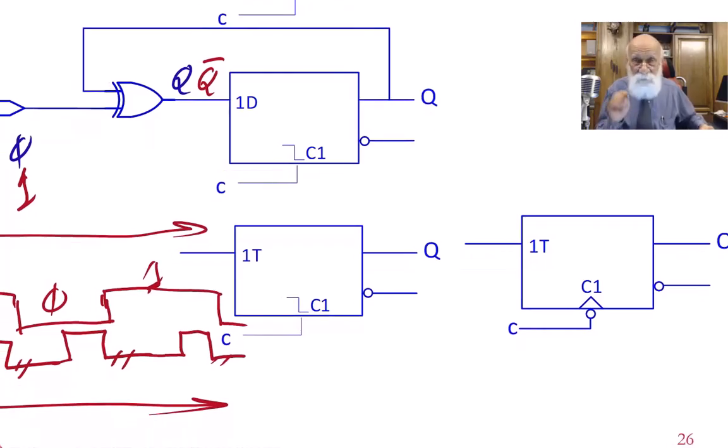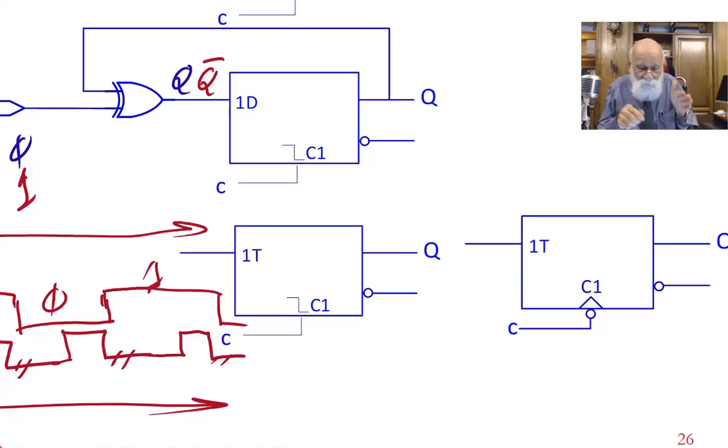It's more customary to draw the clock that affects the output after the edge of the clock using this symbol here, meaning it's edge trigger, but it's falling edge trigger.